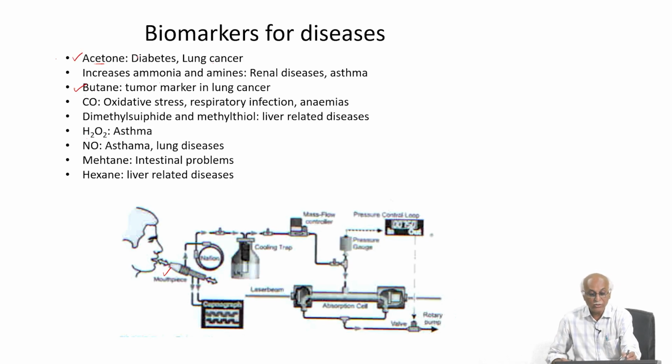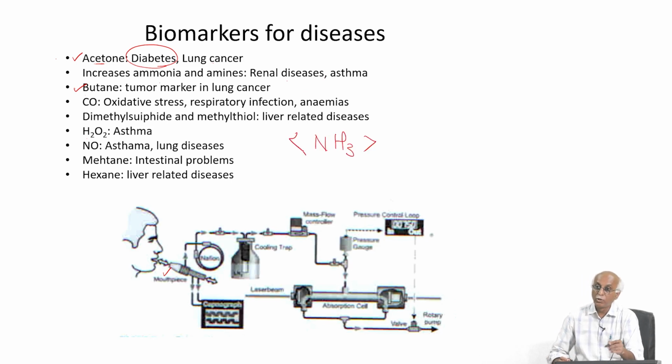Most of the ketones are related to diabetic activities, and ammonia is related to renal disease, liver diseases, asthma, etc. We found out recently that ammonia is a very interesting measurement, because related to liver diseases it can easily give us information.